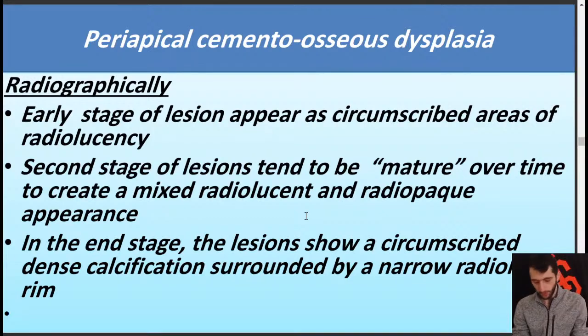More about cemento-osseous dysplasia, focal. As the early stage of this lesion, a well circumscribed area of radiolucency matures over time to create a mixed radiolucent and radiopaque appearance.